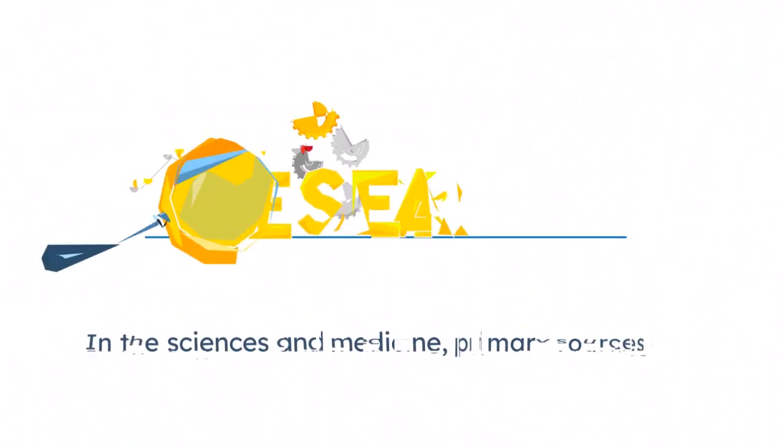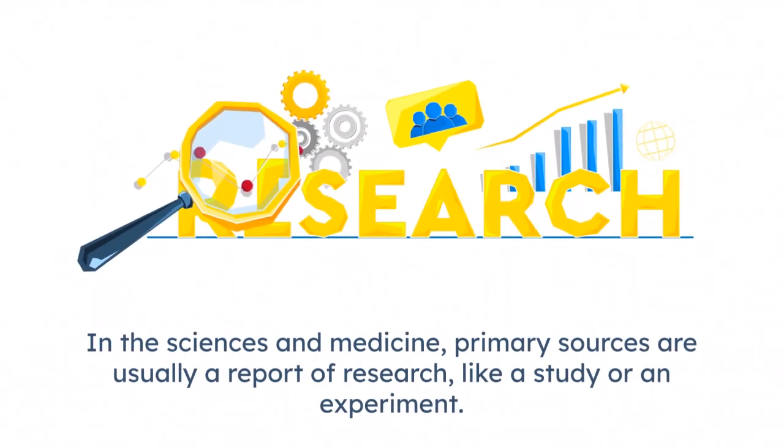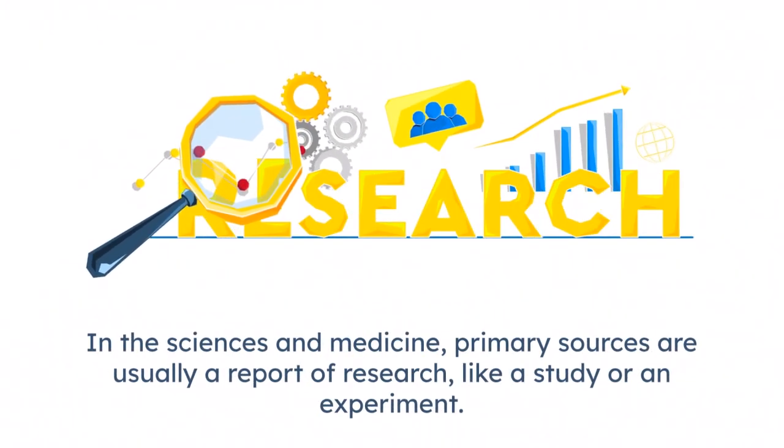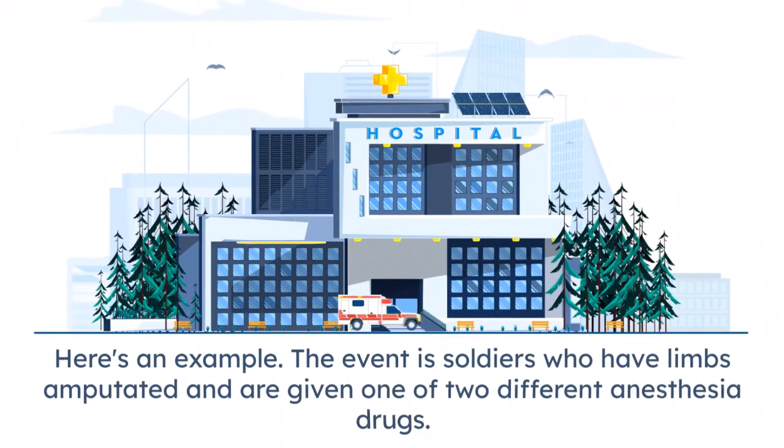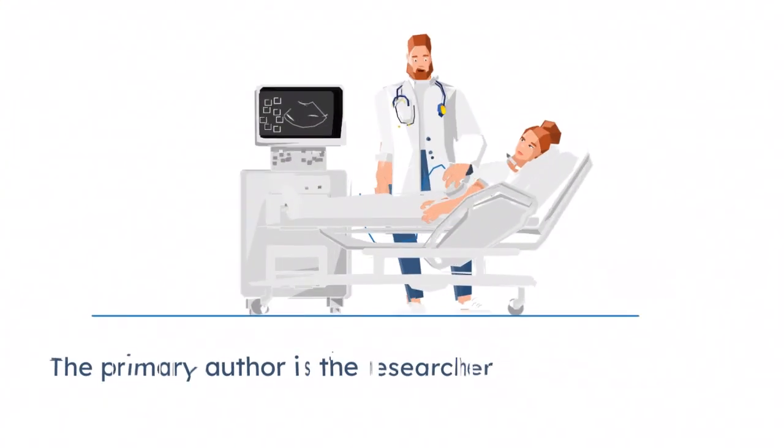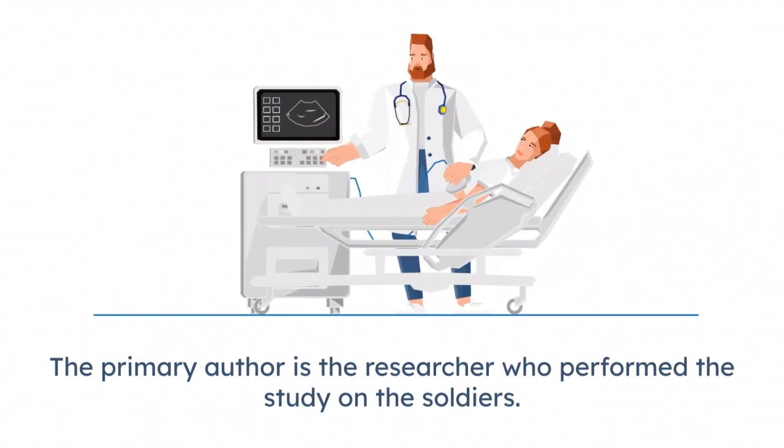In the hard sciences and medicine, the event is often a study, trial, or experiment of some sort. The event is soldiers who are having limbs amputated and are given one of 2 anesthesia drugs to see which one is more effective. The primary author is the researcher who performed the study on the soldiers.